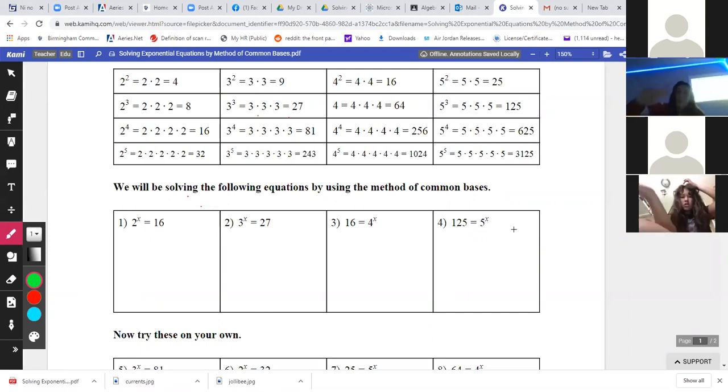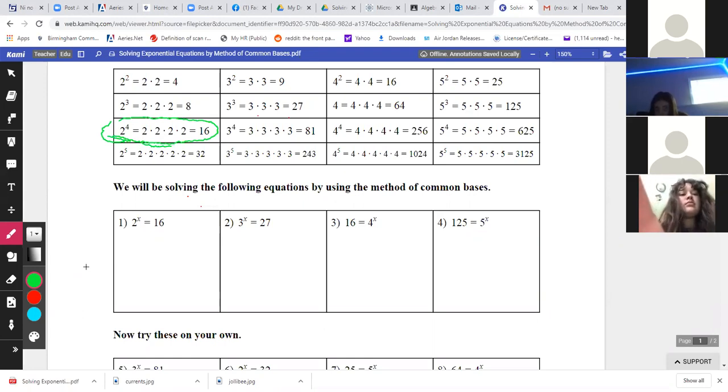2 to the x. So I know that 2 to the x is equal to 16. So let's look up here. Right here, I know that 2 to the fourth is equal to 16. So the method of common bases means this. We need to get both the left side and the right side to have the same base.